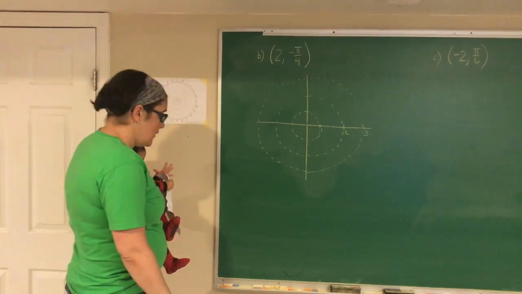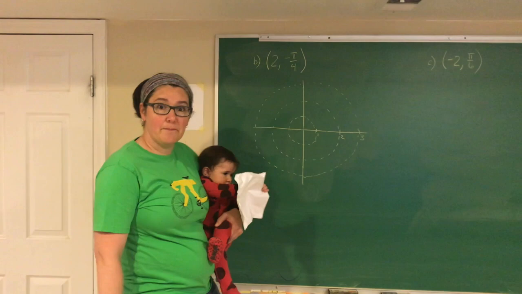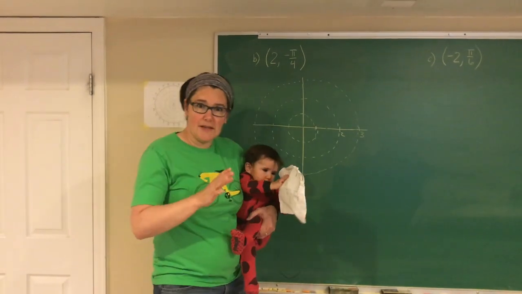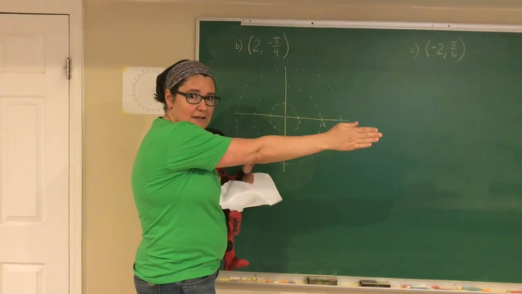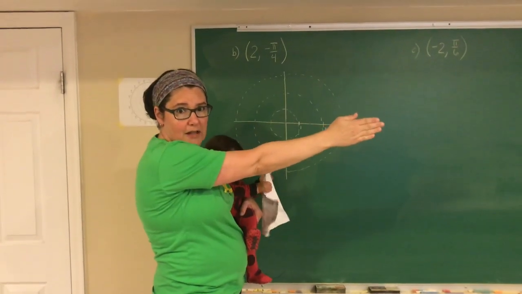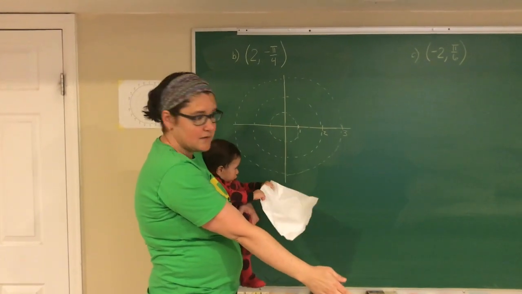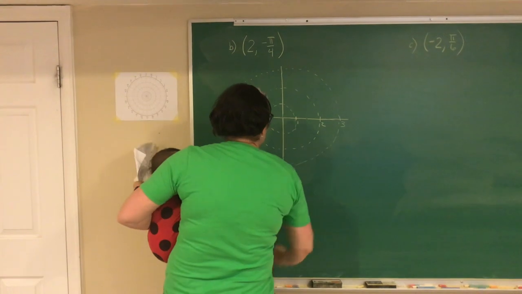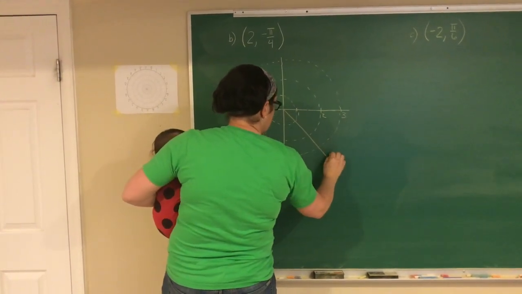Okay, so we want to plot the point 2 negative pi over 4. Now, negative pi over 4, that's my angle, and that's where I want to start. So I point my arm in the positive x direction. My angle is negative, so I'll be swinging in the clockwise direction to an angle of pi over 4, which is 45 degrees. Okay, so I draw an angle of negative pi over 4.